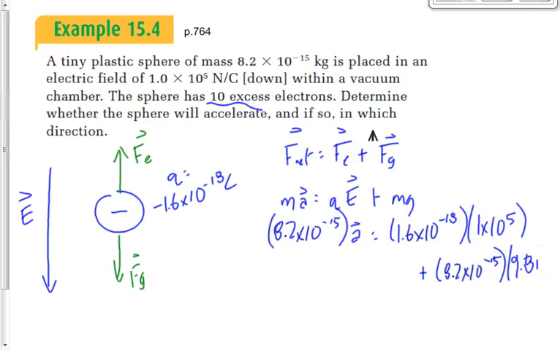Let's worry about signs. We don't know which way it accelerates, right? We do know which way gravity acts. It acts downwards, so let's make gravity negative. What about the electric force? Electric force, positive or negative?